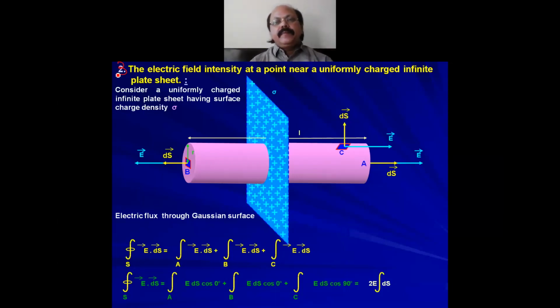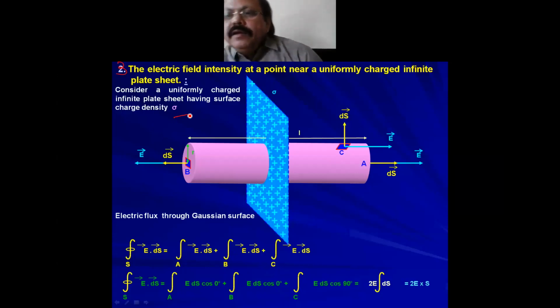So here we consider a uniformly charged plane sheet having surface charge density sigma. This plane charged sheet is like that. So here charge is distributed and here the charge is also distributed.